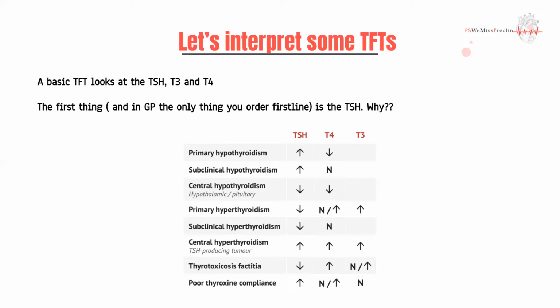Over time, your pituitary picked up on that change and brought up the levels of TSH. And by secreting more TSH, you've kind of pushed your thyroid into overdrive and normalized the levels of T3 and T4. Now, this is still relevant because your thyroid is not working at its maximum efficiency.